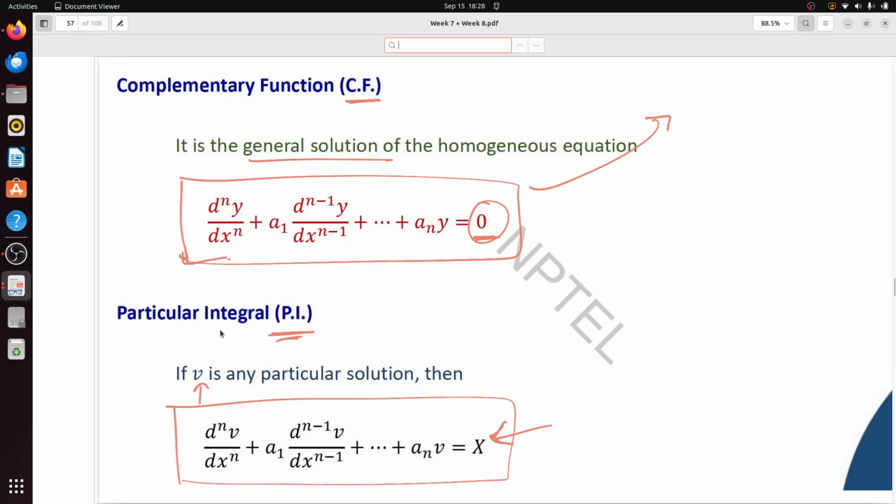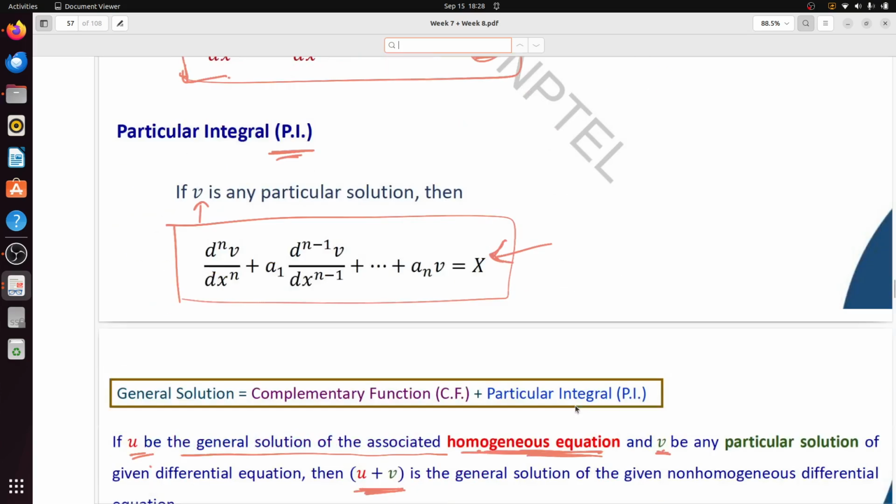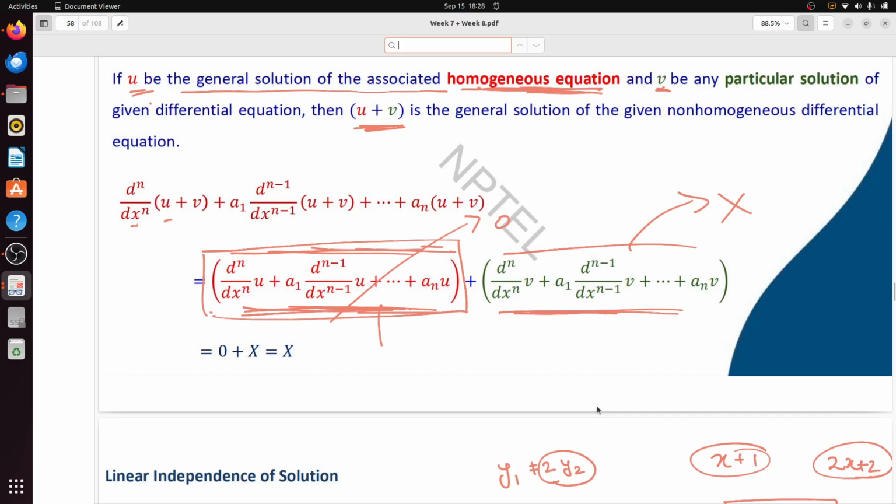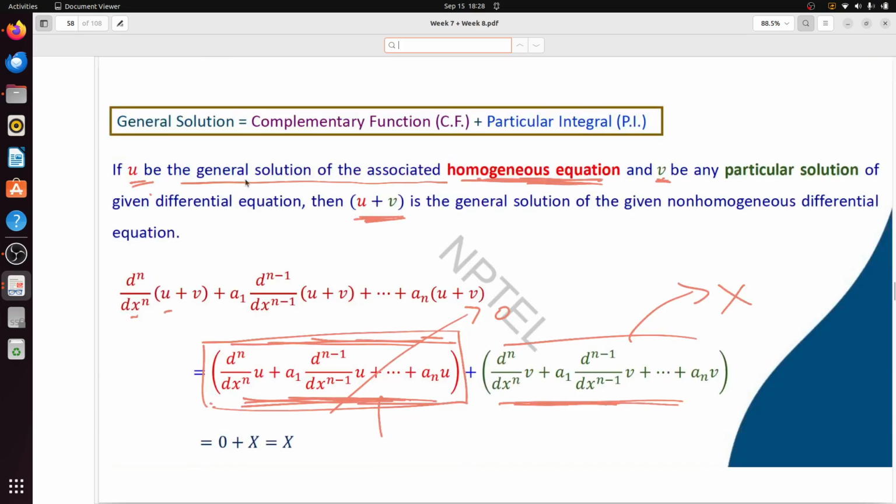And for the particular integral, PI, if v is any particular solution, then d^n v/dx^n plus a1 d^(n-1) v/dx^(n-1) plus and so on plus an v equal to X. So this is the particular integral that satisfies the original differential equation. So your general solution is complementary function plus particular integral.